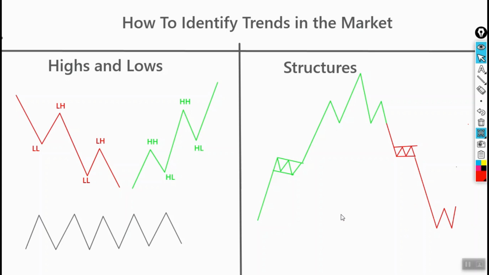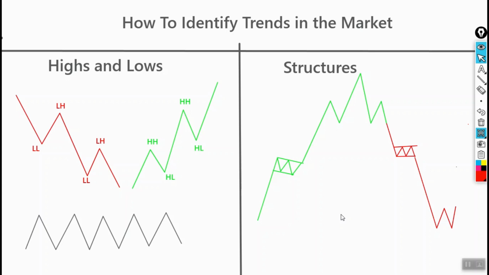Like I said in previous videos, the market moves in two phases. It's either moving impulsively or there's a correction. One of the two. It's never in the middle. The market is either ranging or moving in an impulse, whether the impulse is bullish or bearish. Regardless, it's moving in one of the two.